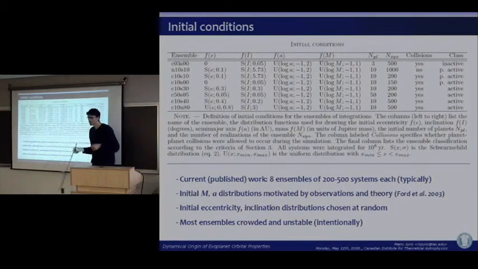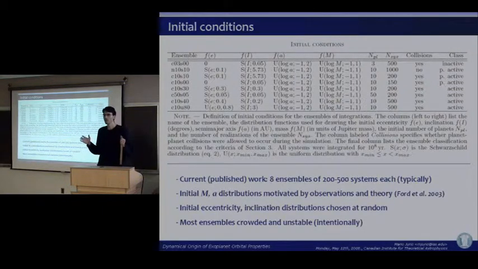We drew the distribution of inclinations from the same distribution of same shape with the peak at about 6 degrees, and we initially spaced the planets uniformly in log a between 0.1 AU and 100 AU, and we did the same thing for their masses. So we picked the masses between 0.1 and 10 Jupiter masses.